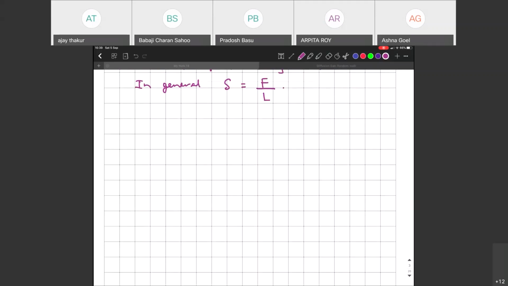And over there, when you are talking of force, force is basically again going as mass times acceleration, which goes as L to the power... Mass goes as L cube and A goes as L, so this goes as L4. So therefore, surface tension will go as L cube. Right, force per unit length will go as L cube.